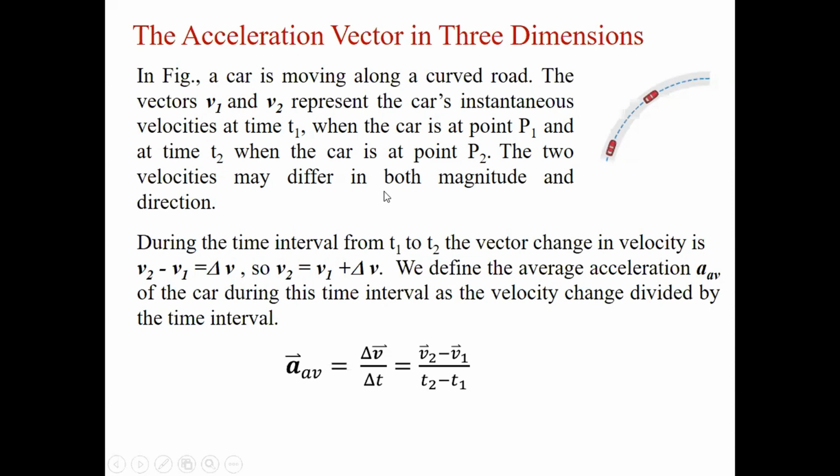The 2 velocities can differ both in magnitude and direction. So during the time interval from t1 to t2, the change in the velocity is delta v, and v2 is basically v1 plus delta v, and we define the average acceleration as the change in velocity during the interval delta t.